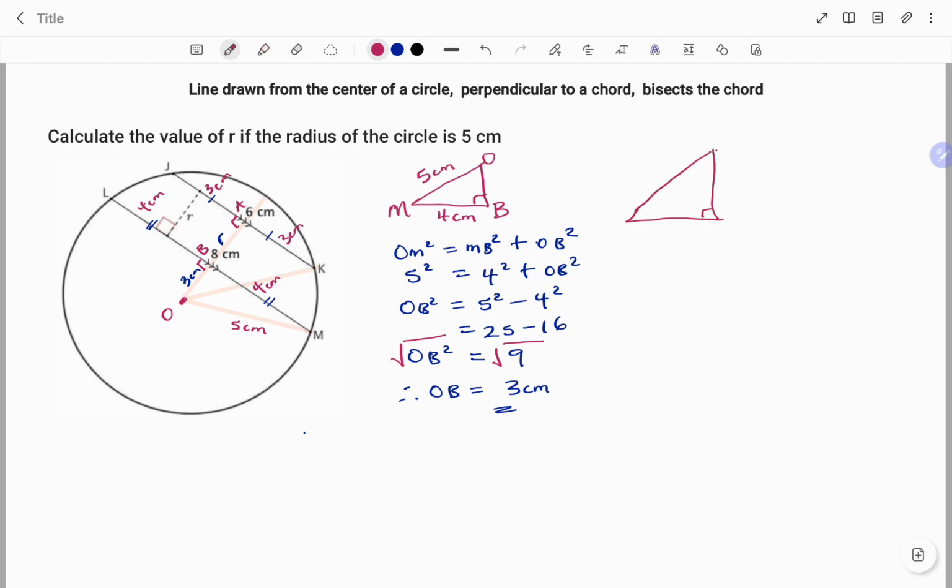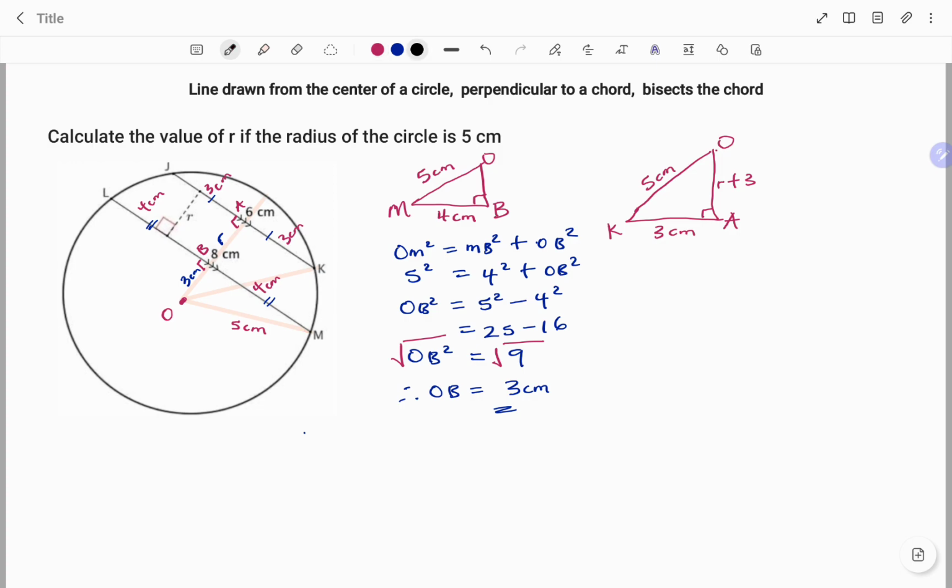I have the right angle at point A. I have the center at O. Putting in the values, I have the distance OA to be R plus 3, as shown in the diagram. The distance OK is also the radius, which has been given as 5 centimeters. And the distance AK is 3 centimeters.